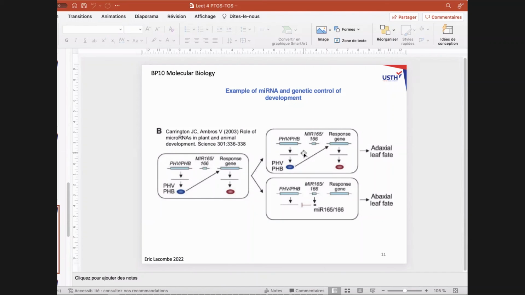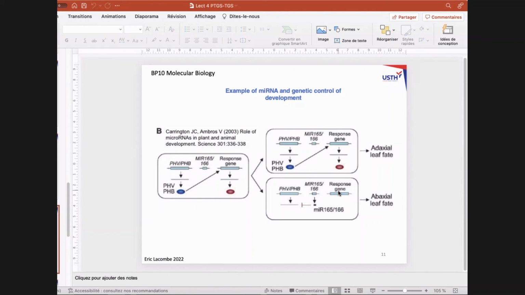In that case, it's different because the transcription factor, which is PHV, is transcribed in the abaxial cell, but it cannot be translated because of the degradation that is stimulated by this small RNA. So because the protein is not there, it can never activate the other genes.